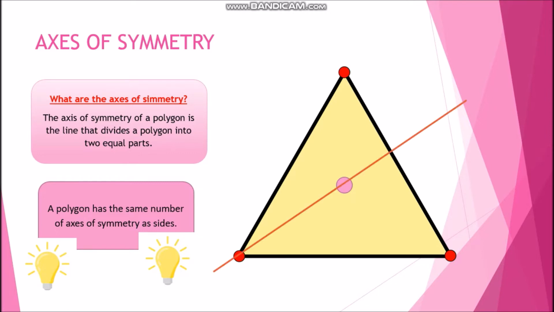For example, this form. Puedo dividir mi triángulo en dos partes iguales en otra forma, por ejemplo, que es esta. And too, I can divide this triangle into equal parts in other form. For example, this form. Y también puedo dividir este triángulo en dos partes iguales de otra forma, que es esta.